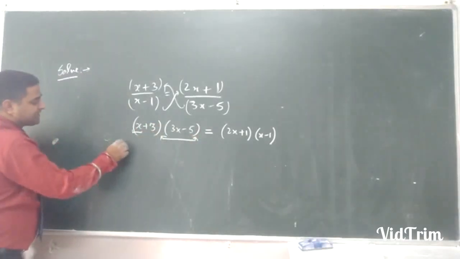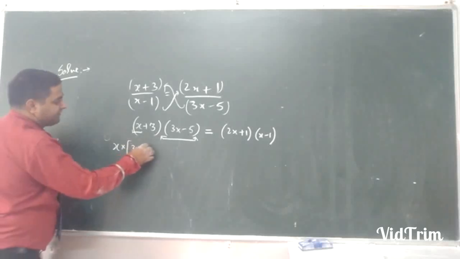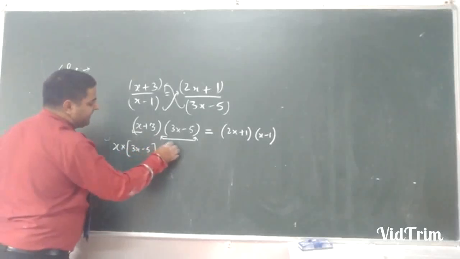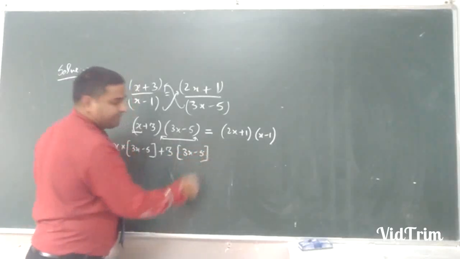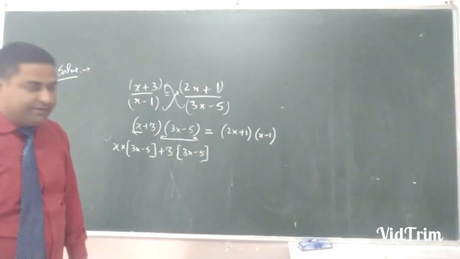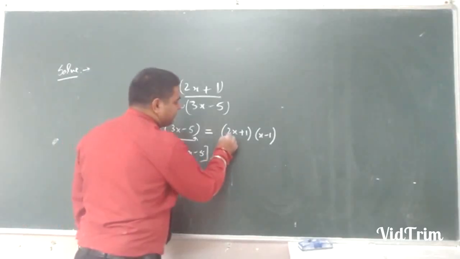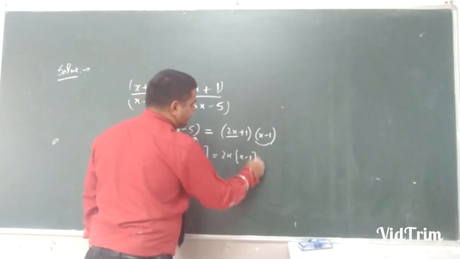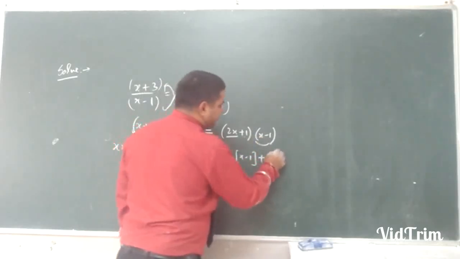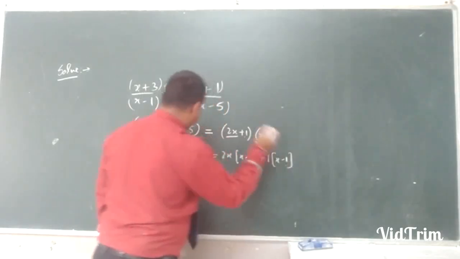So we get x multiplied with 3x minus 5 plus 3, it also multiplied with 3x minus 5. Just open the bracket. Equals to, now this 2x multiplied with x minus 1 plus 1 multiplied with x minus 1.